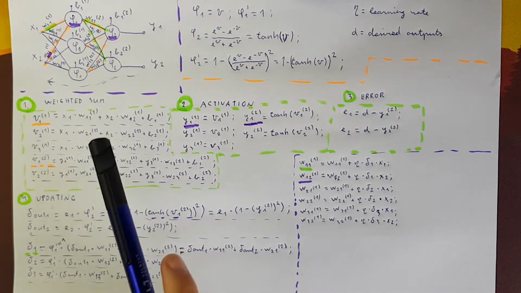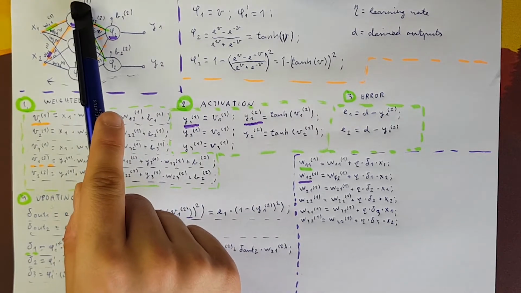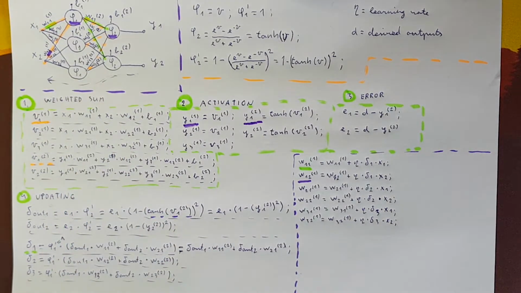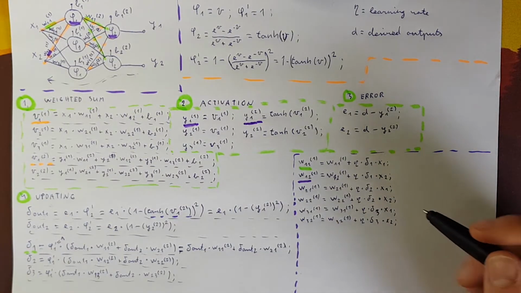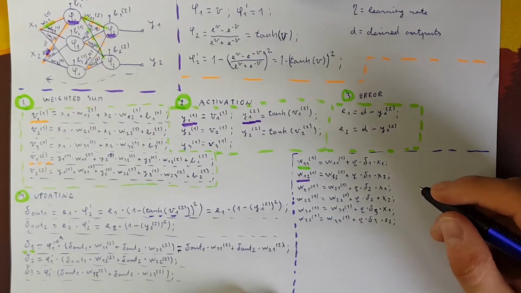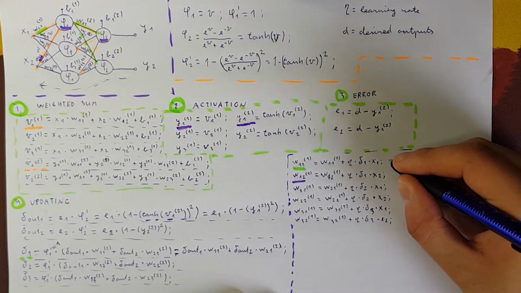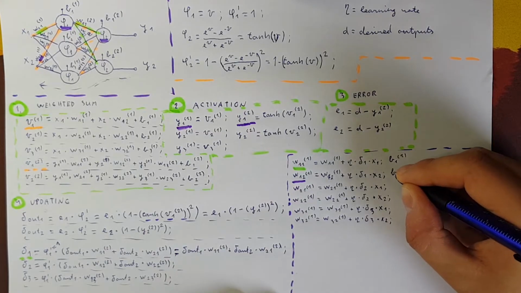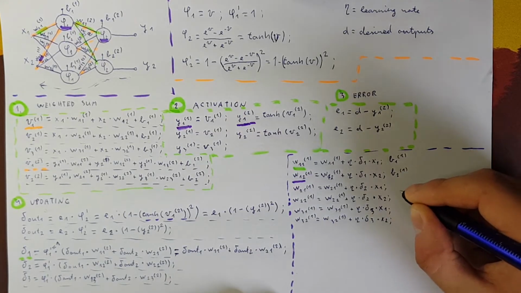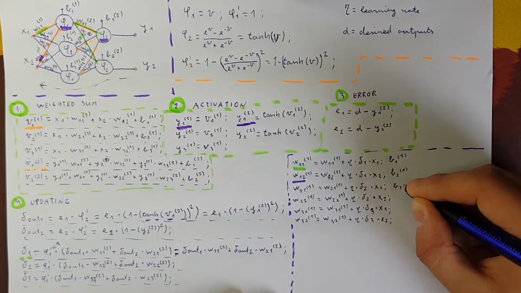Actually, no, we haven't, because we still need to update the B weights. And updating the B weights is a bit simpler, because we need to take that weight and we just add a learning rate multiplied by delta for that neuron. So B1 of the first layer, B2 of the first layer, and B3 of the first layer.